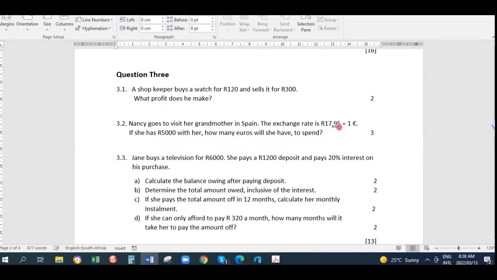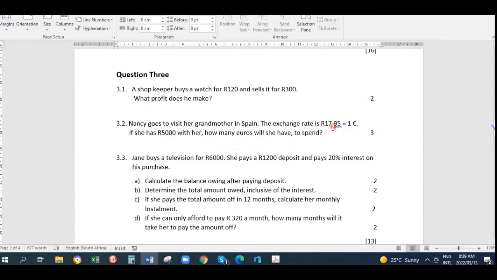So in this case, it's 17 Rand to 1 euro, and you're going to have much less euros.